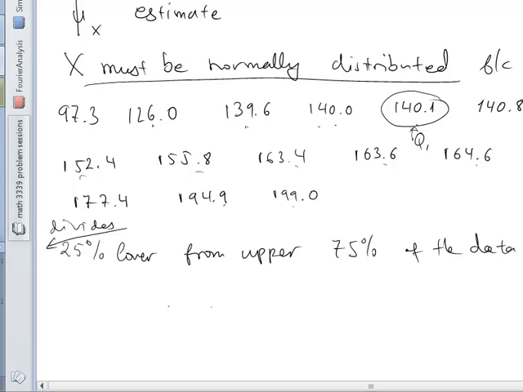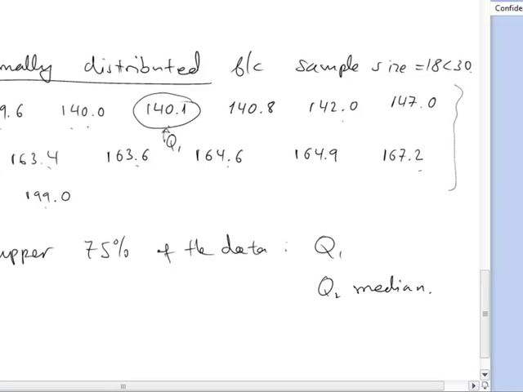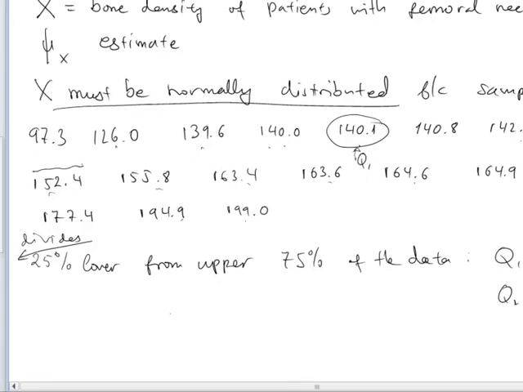Now, let's apply this process to get the second quartile, or the median. So this is the median here. The median divides the lower 50% from the upper 50% of the data. So here you have 18 points. So you have 9 which are lower 50% and 9 that are higher than 50%. So let's see, 1, 2, 3, 4, 5, 6, 7, 8, 9. So you get this number here.